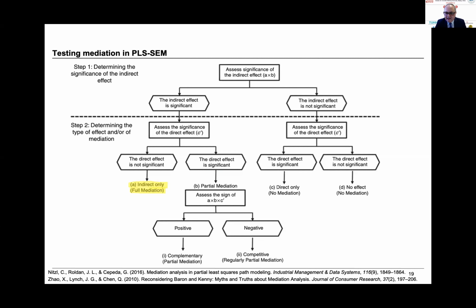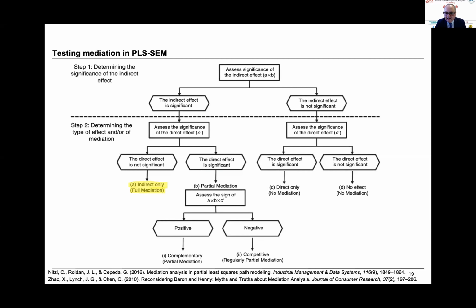I will start with the oldest proposal, although easy to implement and understand. I refer to the variance accounted for, VAF, the ratio that compares the indirect effect with the total effect. It's applicable only in case of complementary mediation. That's to say, when a times b times c prime is positive.